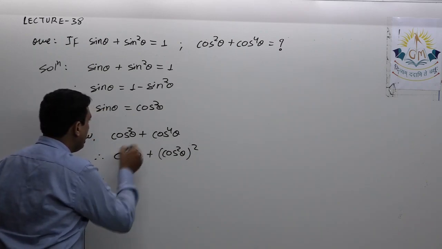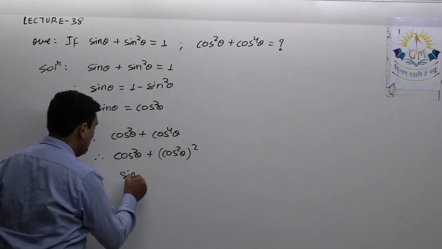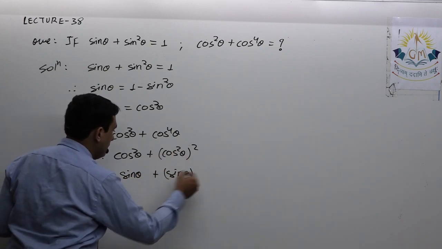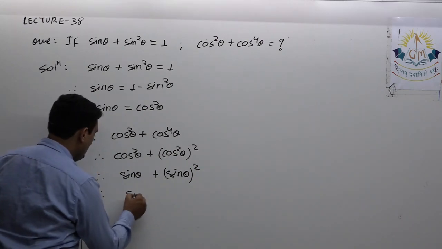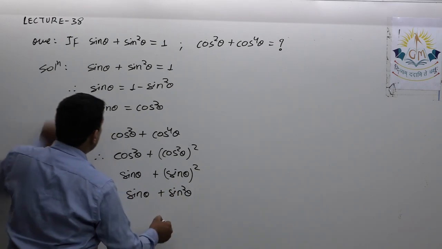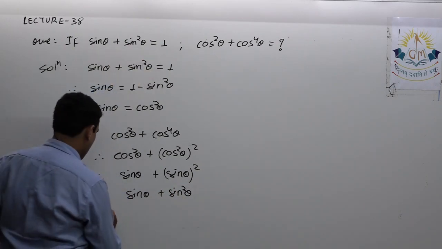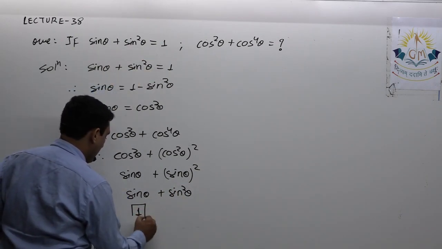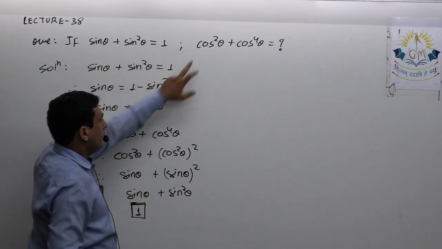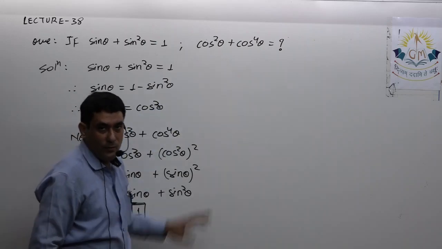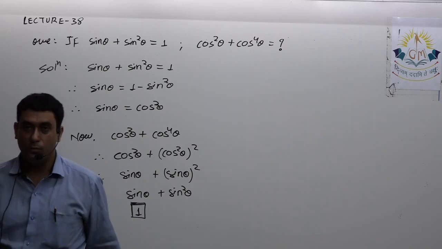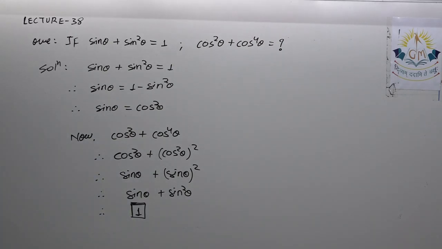Now cos square theta is sine theta. Again cos square theta is sine theta. So here what I got, sine theta plus sine square theta, which is already equal to 1. So my final answer is 1. That is, the value of cos square theta plus cos raised to 4 theta will be 1 if the value of sine theta plus sine square theta is 1. So please note it down, then we'll see the next question.